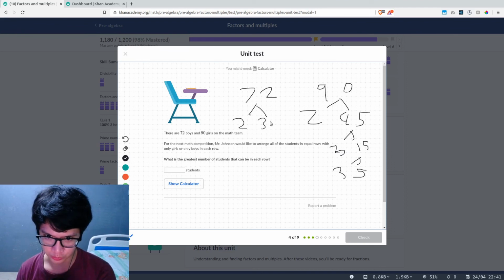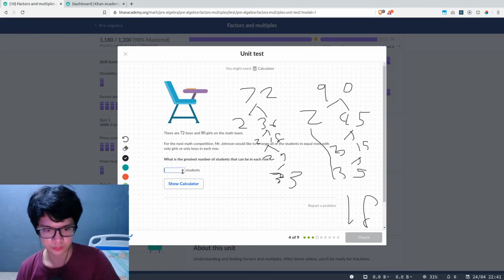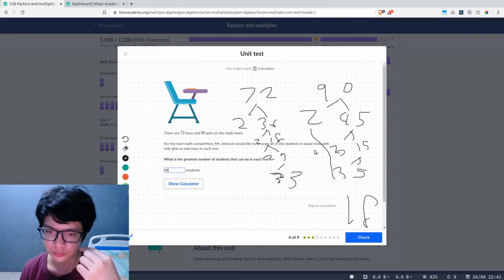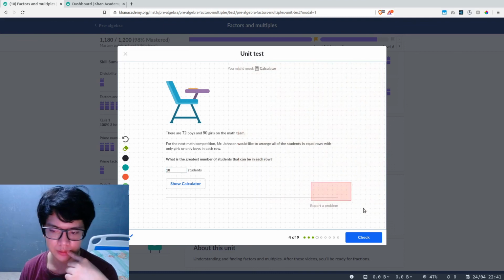Here, 2 and 36, and 2 and then 18, and then 2 and then 9, and then 3 and 3. You have 3, 3 there. It's 18. 3, 3, 2, 3, 2, 2. Let's do it again. Let's do it again.